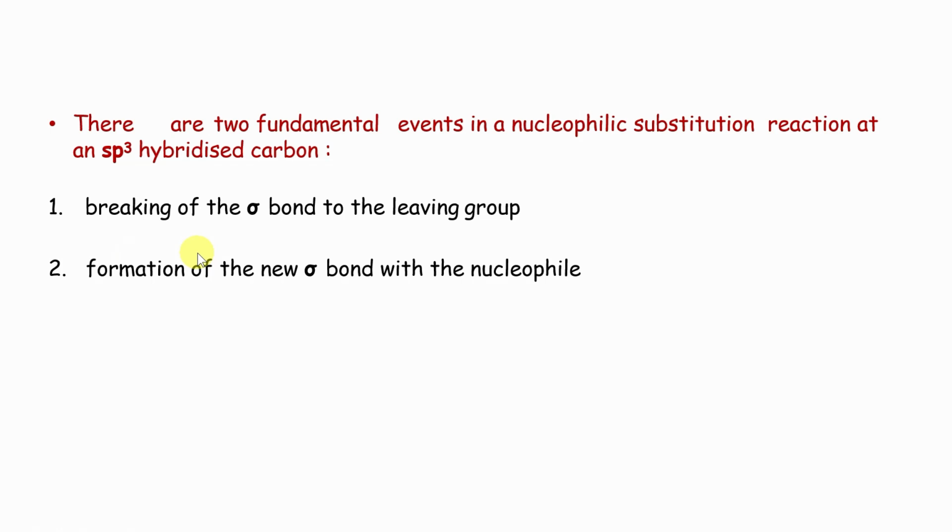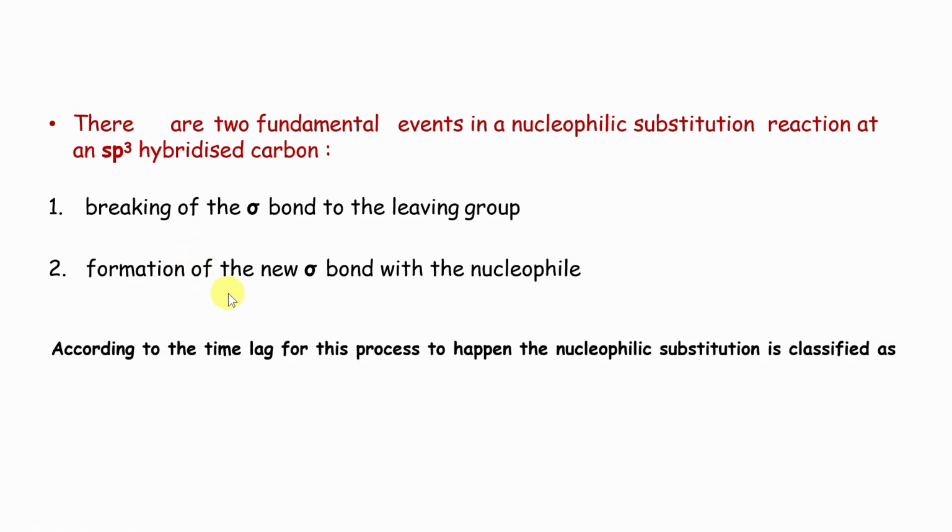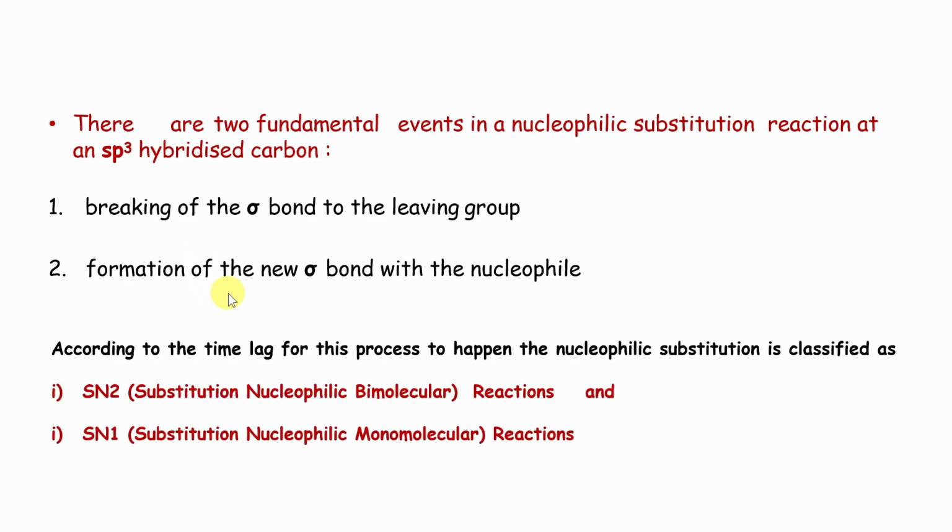And in the second event, a new sigma bond forms with the nucleophile. According to the time lag for this process to happen, nucleophilic substitution is classified as SN2 reactions, that is substitution nucleophilic bimolecular reaction, and SN1 or substitution nucleophilic unimolecular reactions.